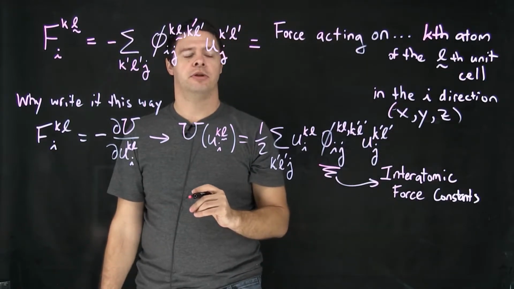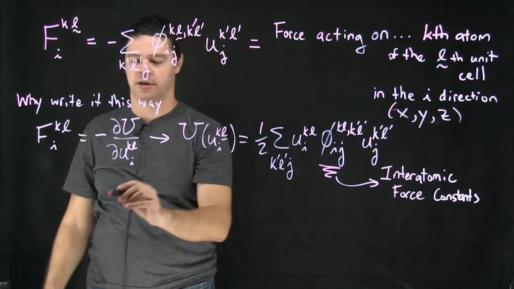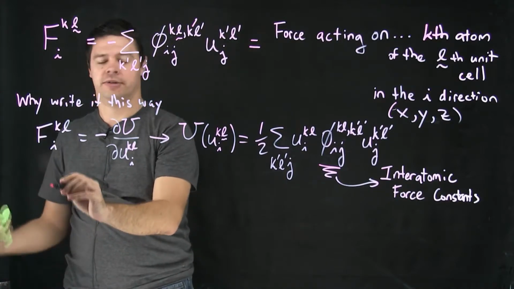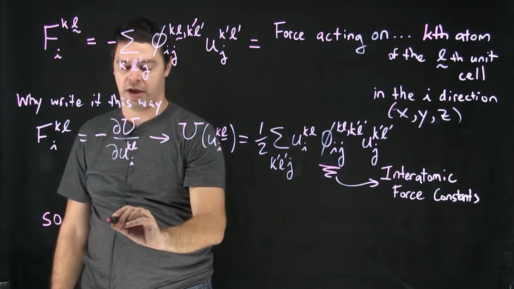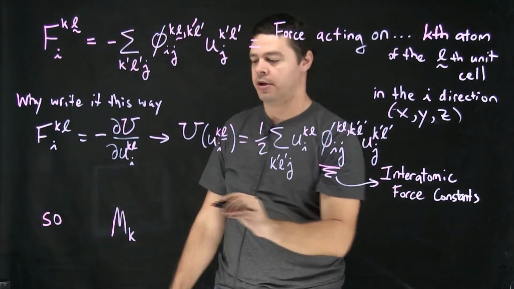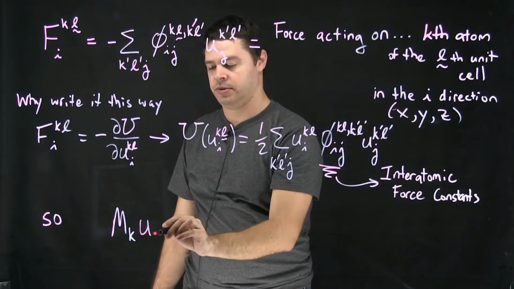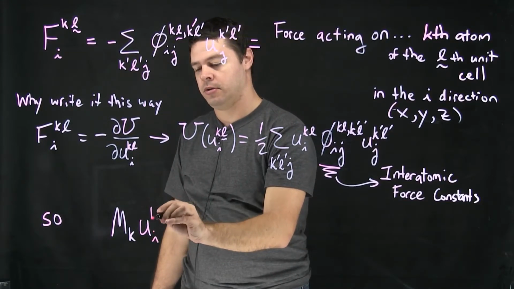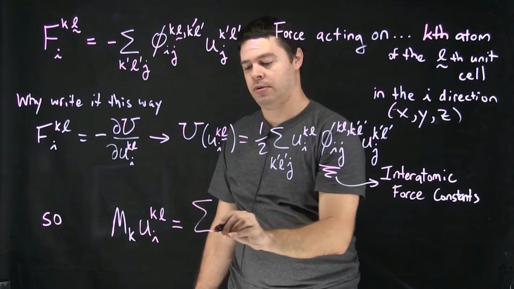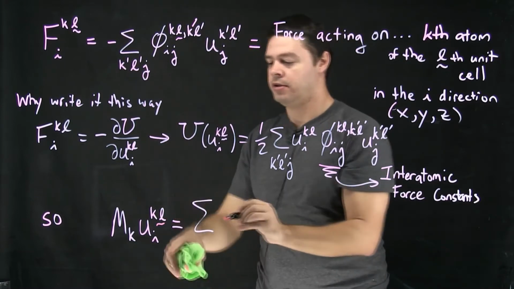So the only thing I wanted to say was that, if these are the forces acting on things, then it's pretty simple to write out the governing equation. I could write out Newton's law as F equals ma, so the mass of the kth atom in the unit cell equals, I'll write this out for the kth atom in the lth unit cell, the force acting on the kth atom in the lth unit cell in the ith direction.